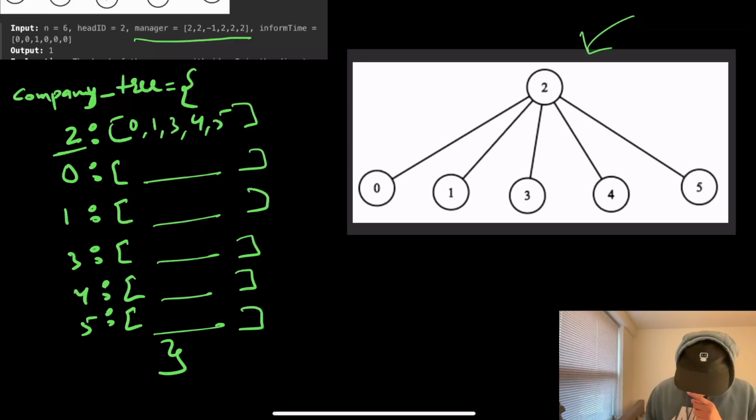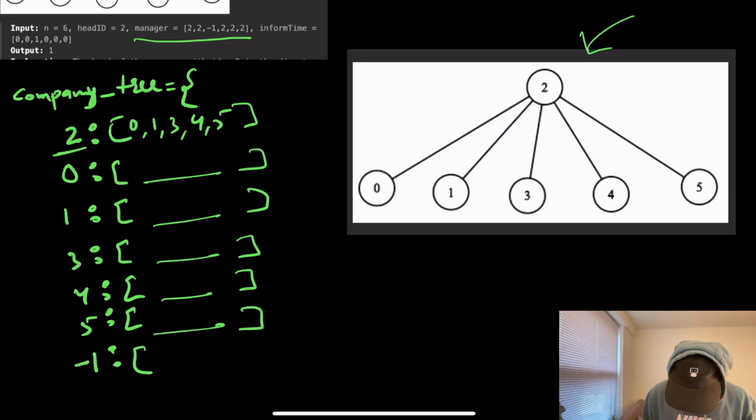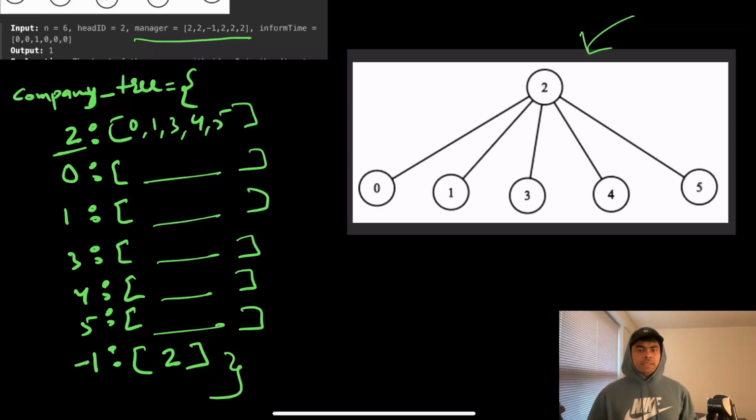Then one more thing. We are also going to have -1 in the list, and that is because -1 is the manager of the head ID, which is 2. Okay, so our company tree is complete.